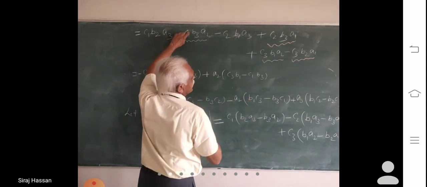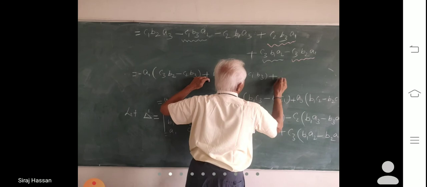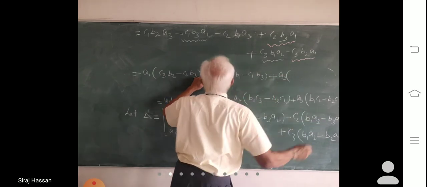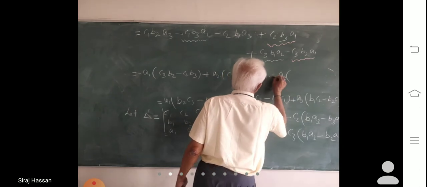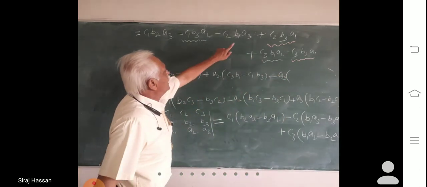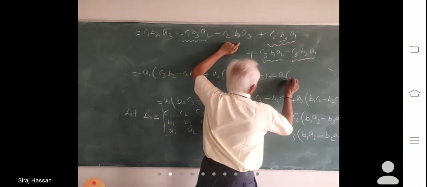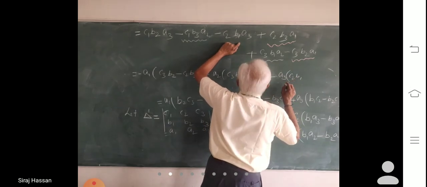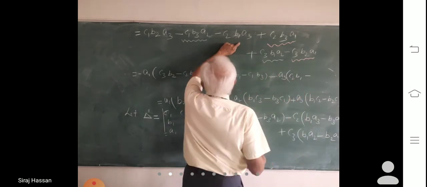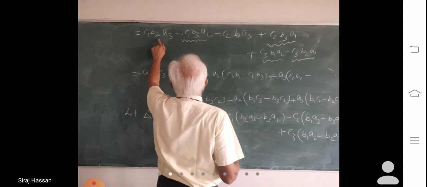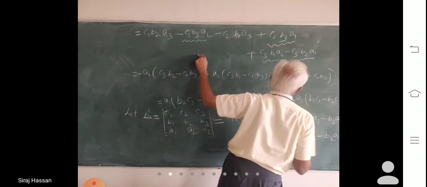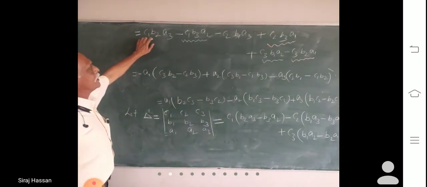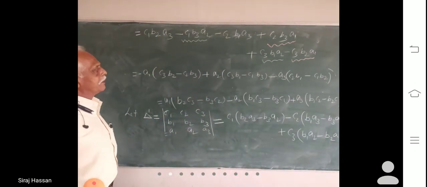From these two terms, plus A3 into, or you take out minus A3, minus A3 into C2 B1 minus C1 B2. This term and that term.